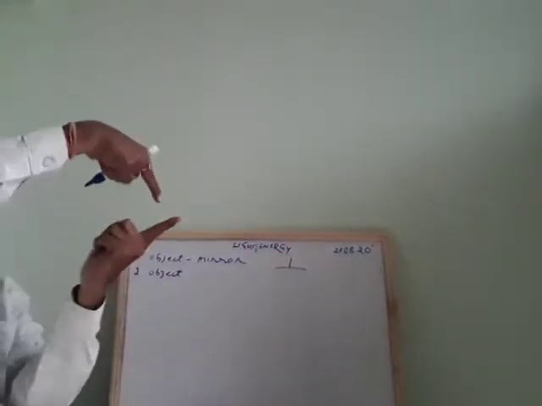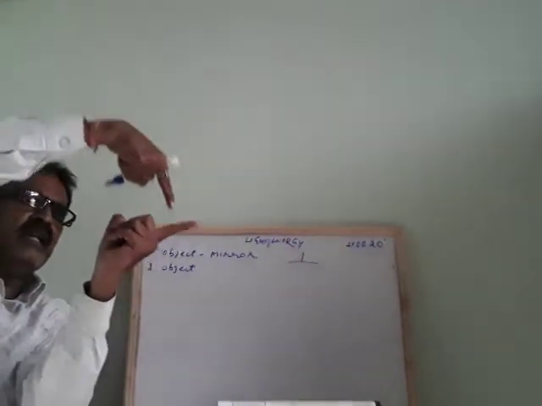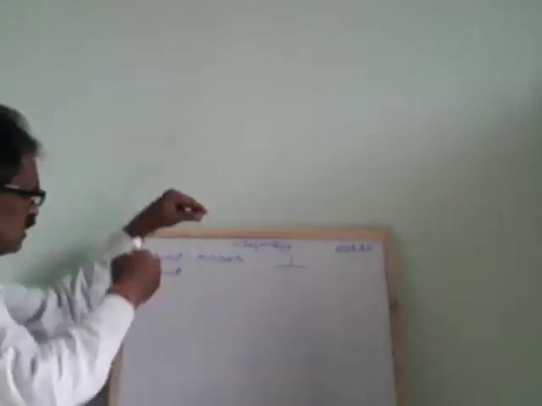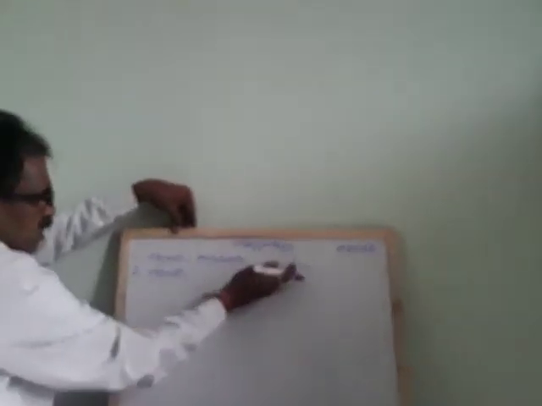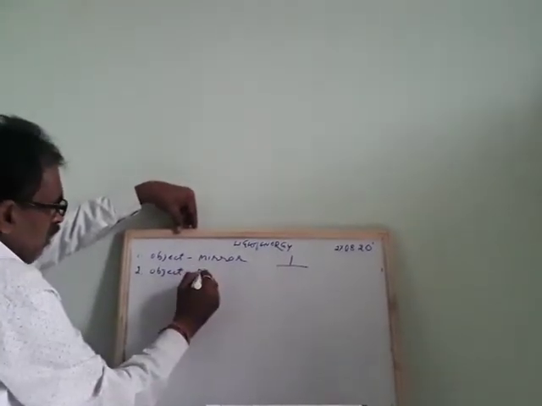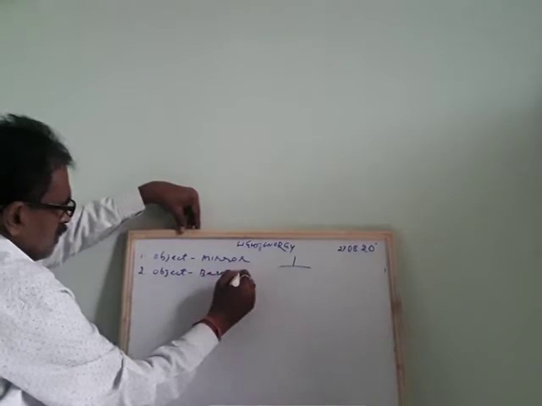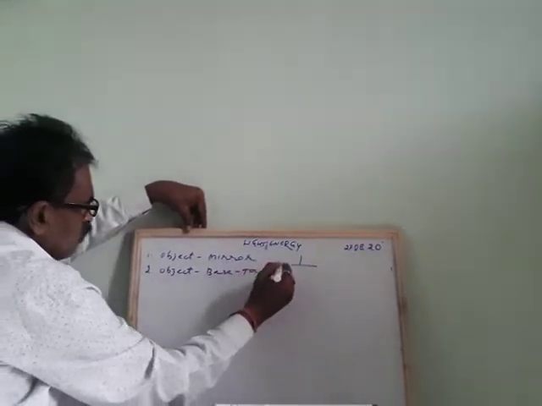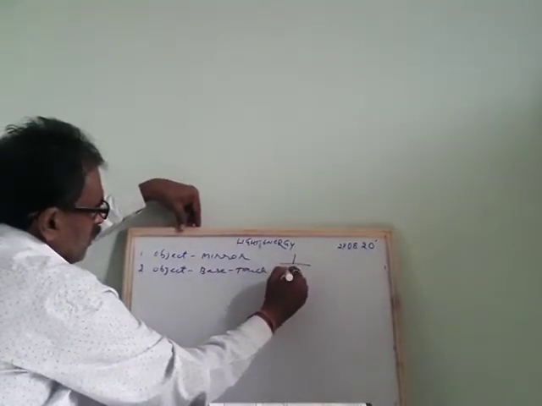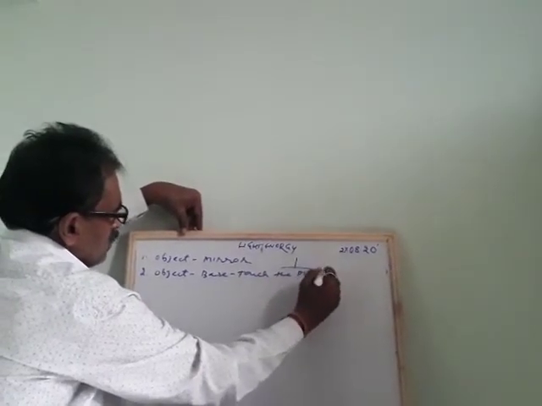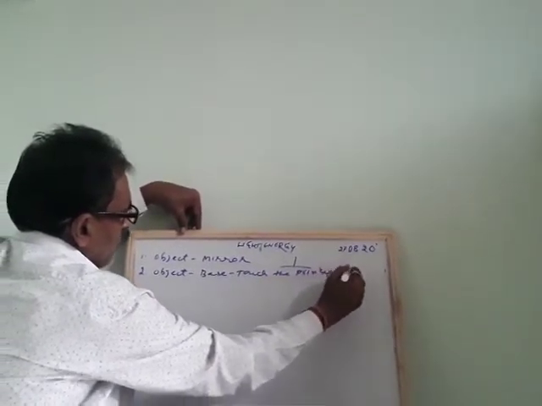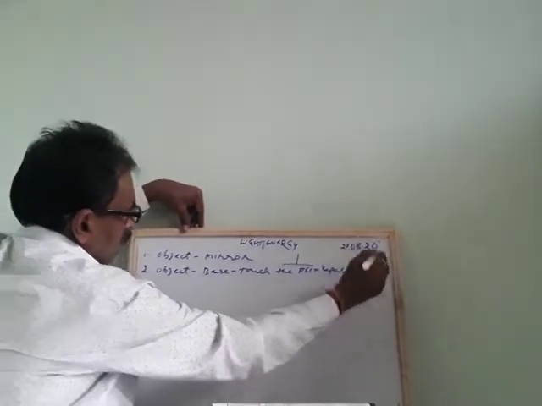They are perpendicular like this. This is called perpendicular. Inverse T is called perpendicular. So this object should always be placed in front of the mirror, perpendicular, and its base should touch the principal axis. So these are the two conditions of drawing a ray diagram.